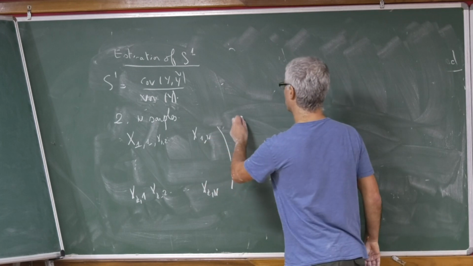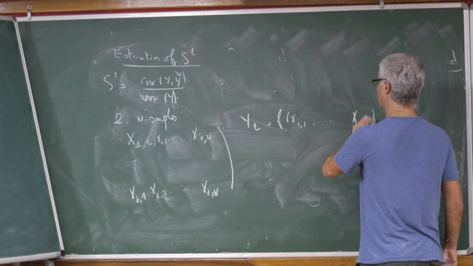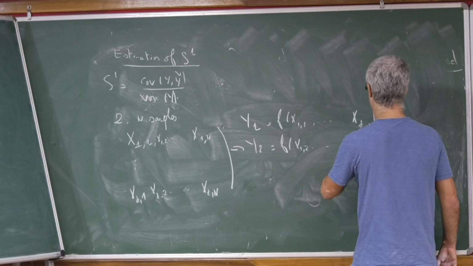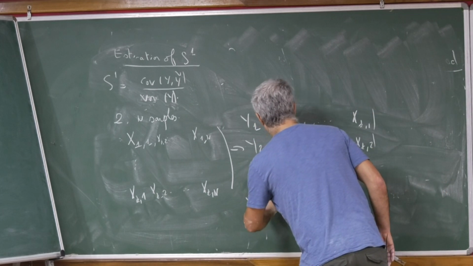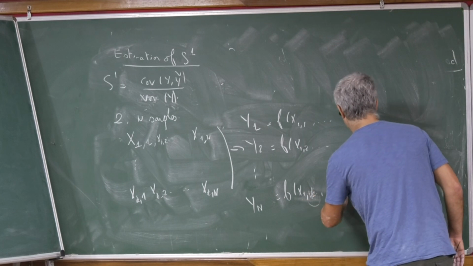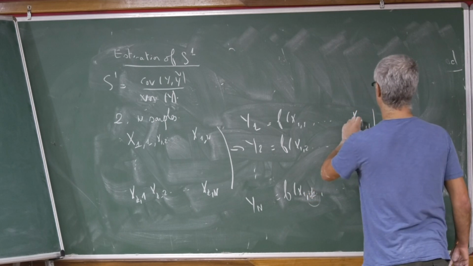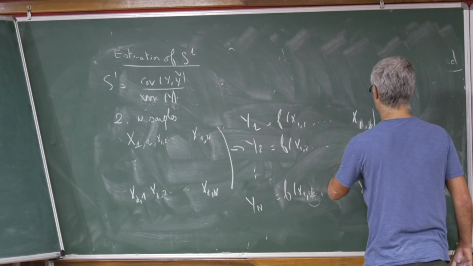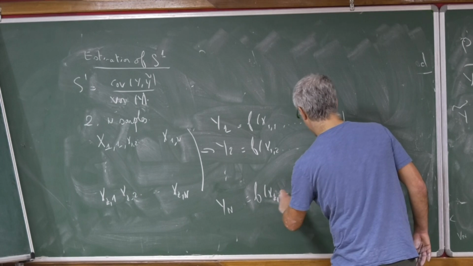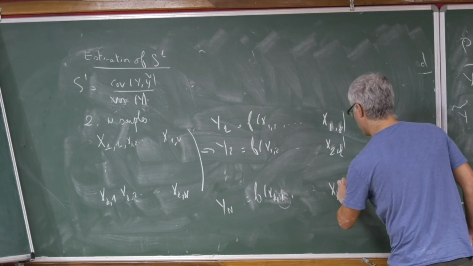Okay, with that I can compute x1k, x2k, xk n.